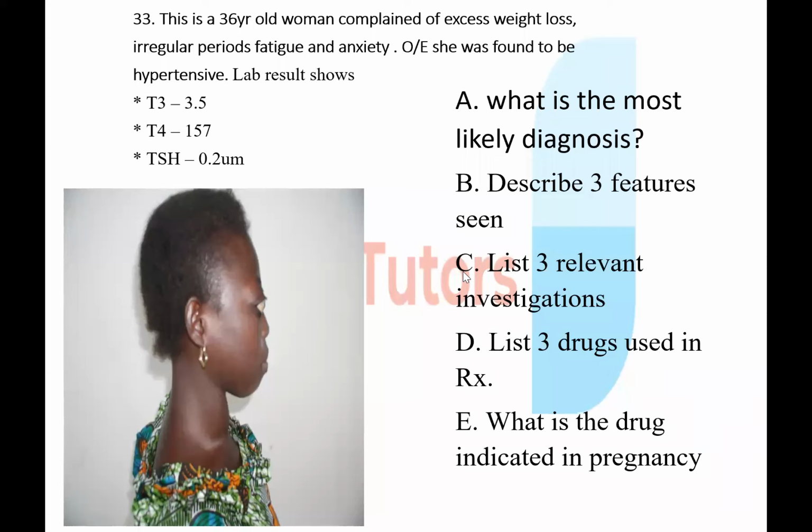So what's the likely diagnosis here? Hyperthyroidism. Yeah, likely secondary to what? A female with eye signs. So what can also cause hyperthyroidism in a female that has eye signs?